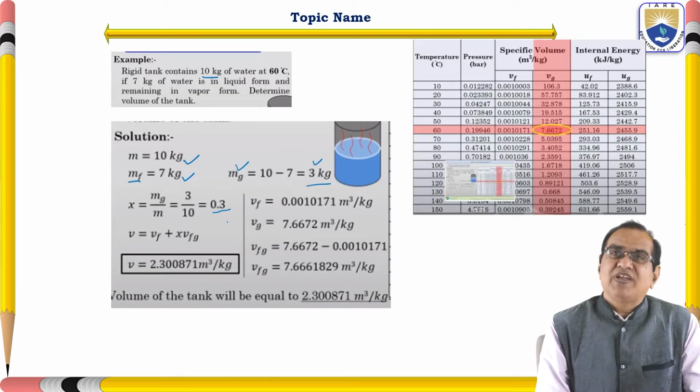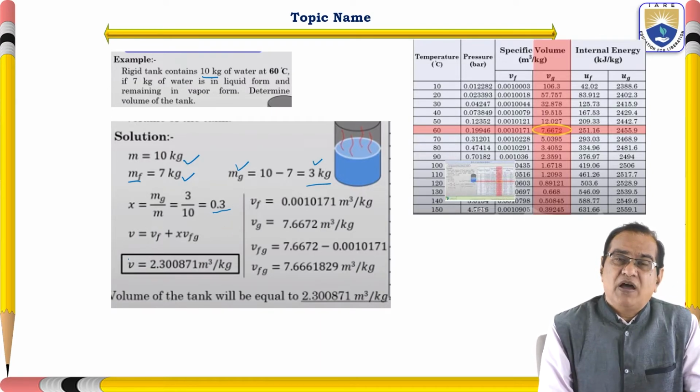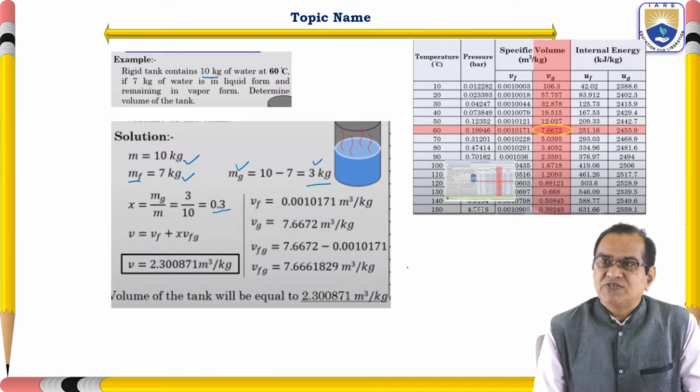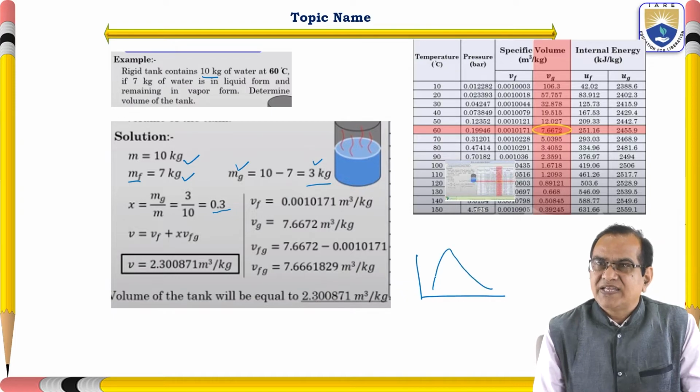So from here we can also find out how much the volume is. We know that V is equal to Vf. Just see here, I am just writing this. This is the Vf and this is the Vg. So if you are here at 0.3, we have to find out how much is the volume. So V is equal to Vf plus x Vfg.